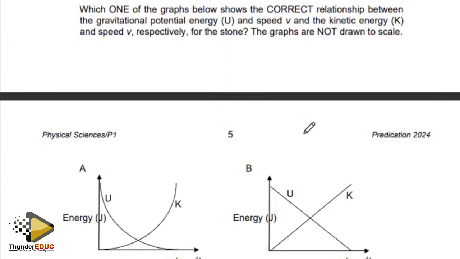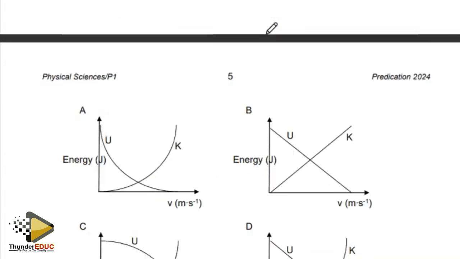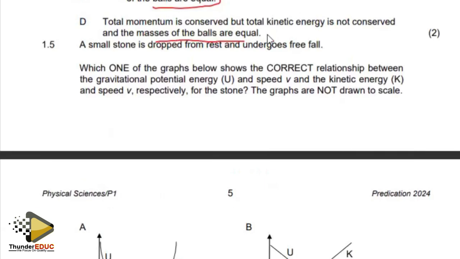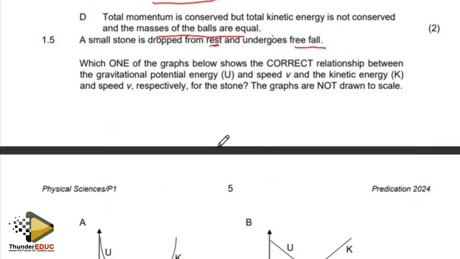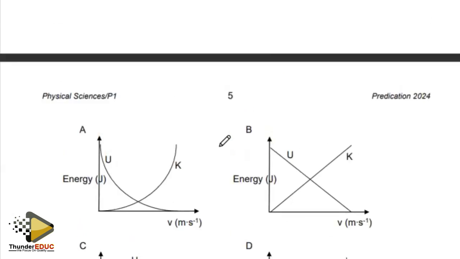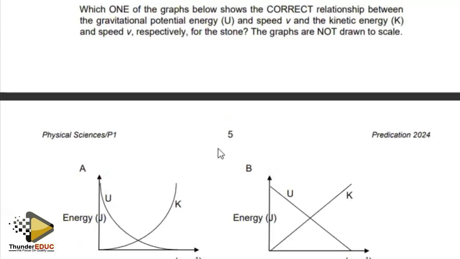Then 1.5, a small stone is dropped from rest and undergoes free fall. Which of the following below shows the correct gravitational potential, kinetic energy, and so on? A stone is dropped from rest and undergoes free fall. So we know that with the energy, if it is at the highest point, it's going to have EP max.